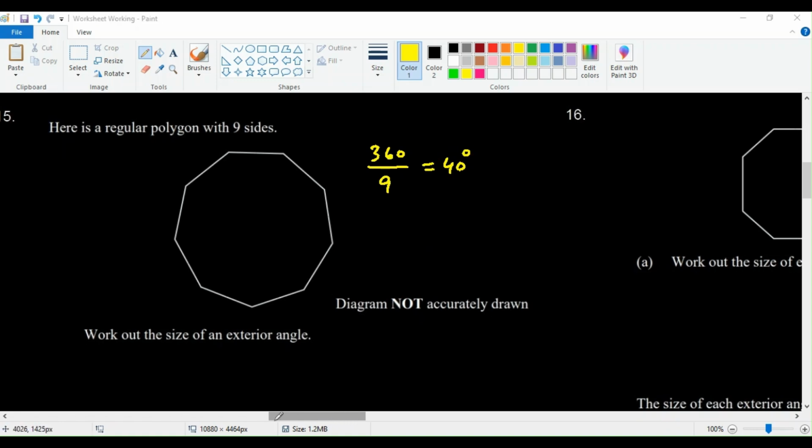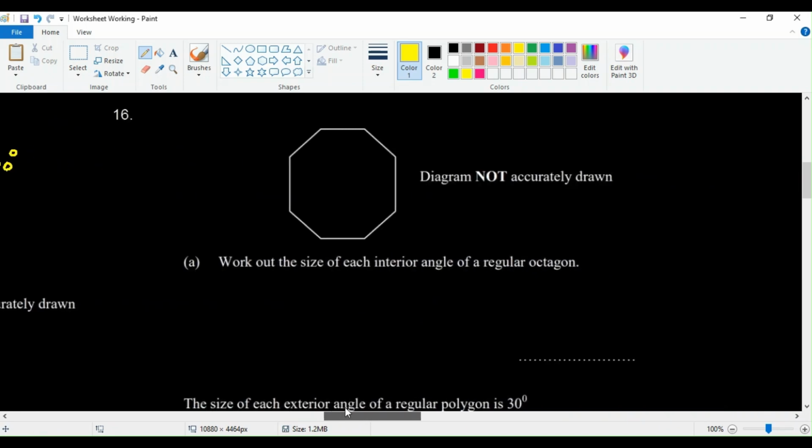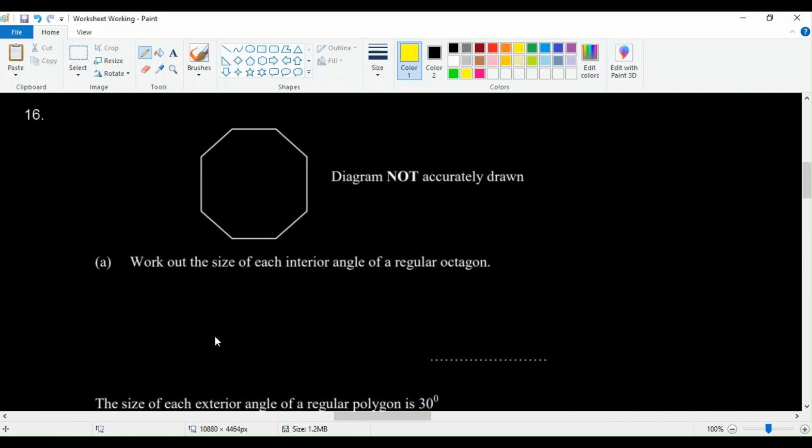Now moving on to the next question, which is the second last question. Here, we need to work out the size of each interior angle of a regular octagon. Octagon means 8 sides. The rule is n minus 2 multiplied by 180.